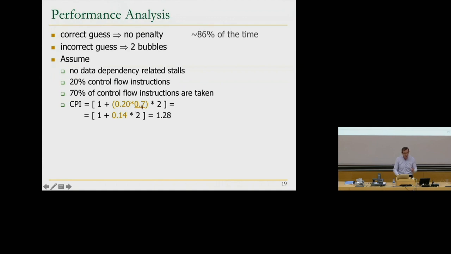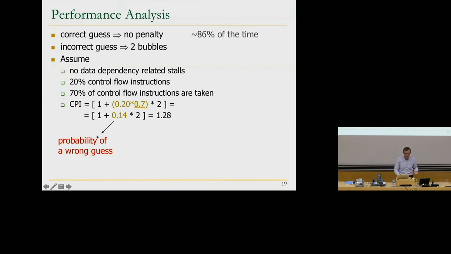So 70% of the time you're wrong, because we're assuming the next program counter is PC plus 4 when we do the prediction. So for 20% of the time, you do a prediction, and 70% of the time you're wrong, and when you're wrong, you pay a 2-cycle penalty. So essentially, 86% of the time you are correct, but 14% of the time you pay a 2-cycle penalty, and that increases your cycle per instruction to 1.28.